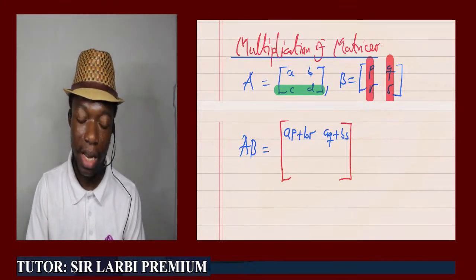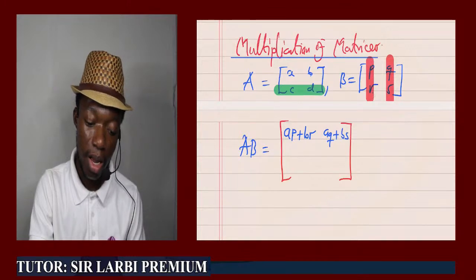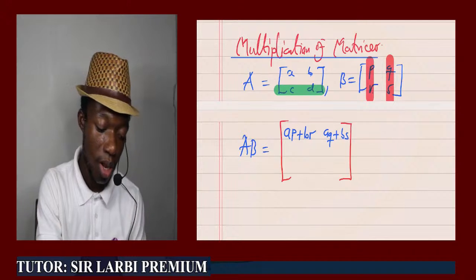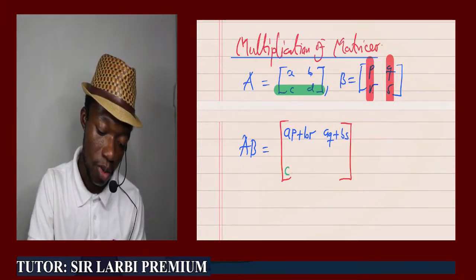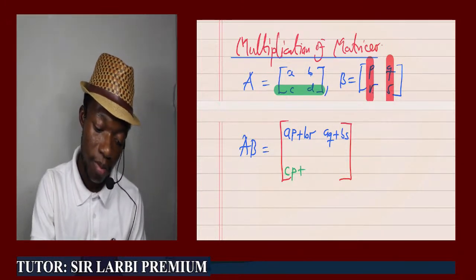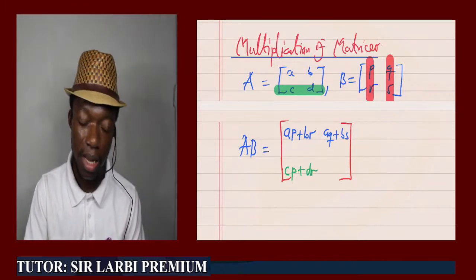So C also multiplies P, and D multiplies R. We'll have CP plus DR.